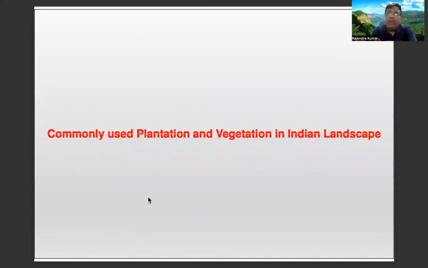As I was telling you in the beginning of this part of the lecture, landscape has two elements, hard landscape and soft landscape. Hard landscapes are generally the character of a land, the character of a site, whether it's a hilly area, a wet area, or a plain area.